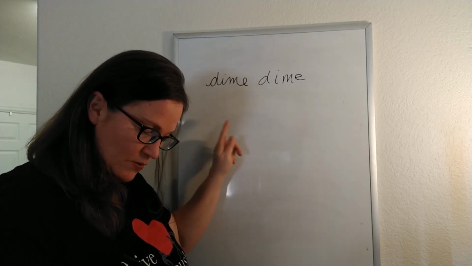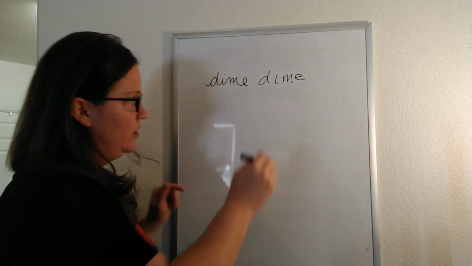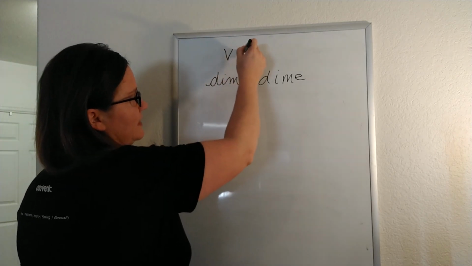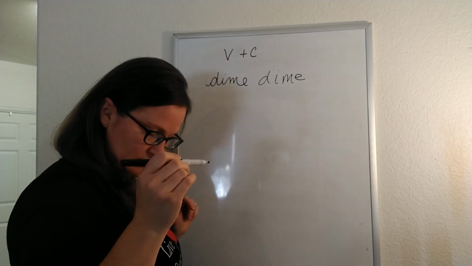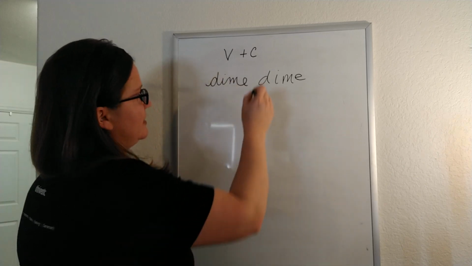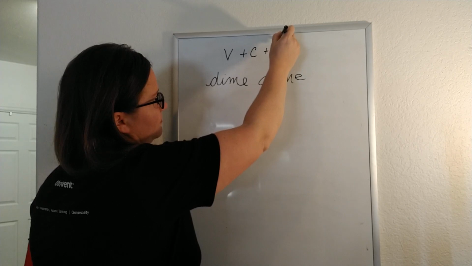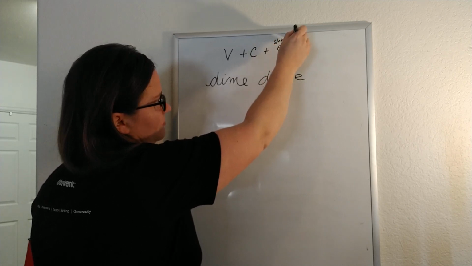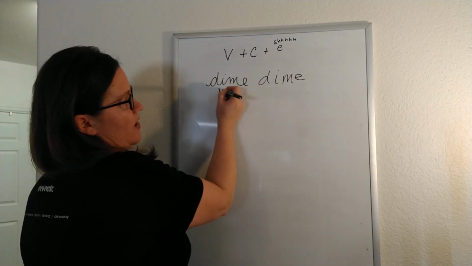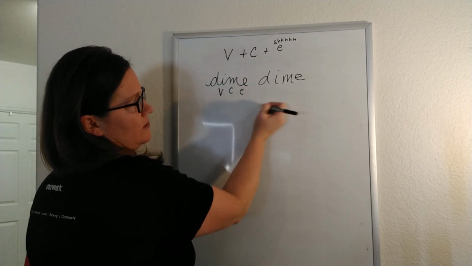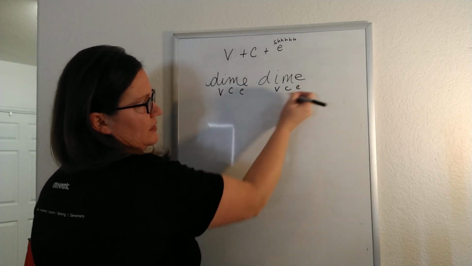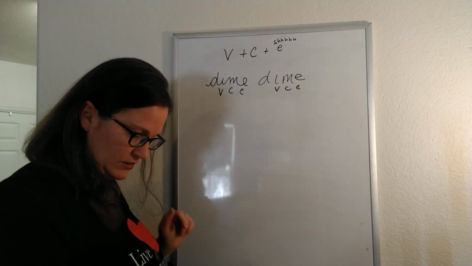This type of E can work with any single vowel plus a consonant and a silent E. Okay, so we've got vowel, consonant, and then E. Vowel, consonant, E. Okay, and that's where that works.